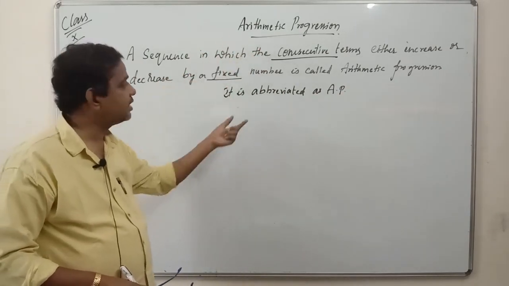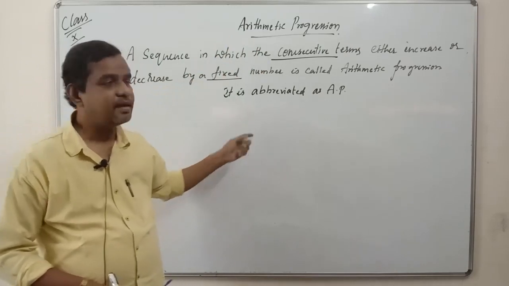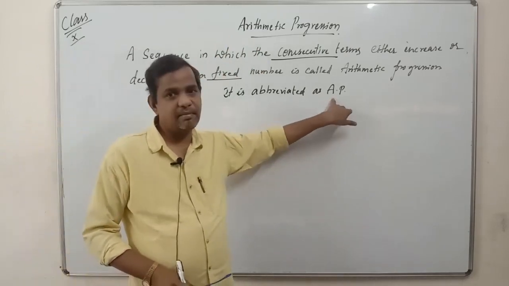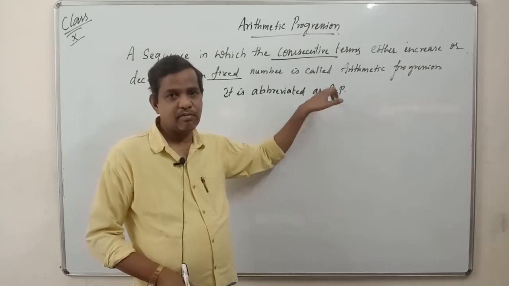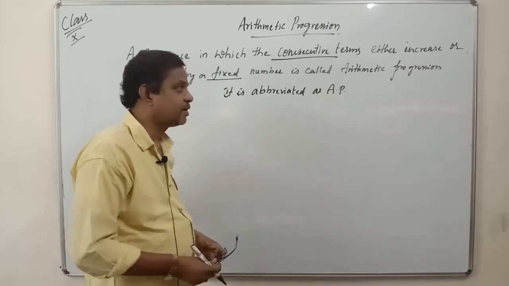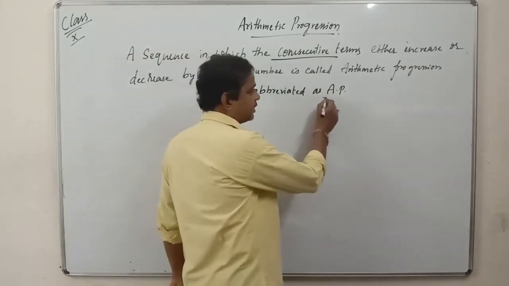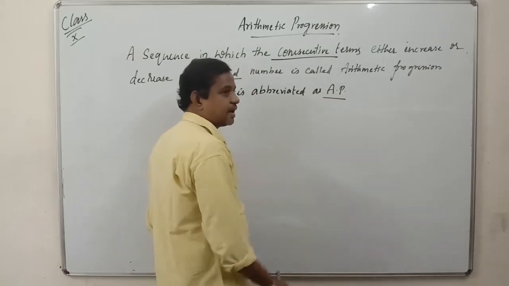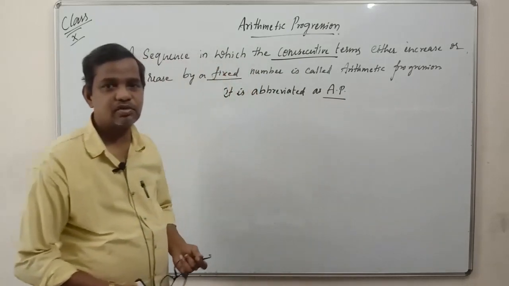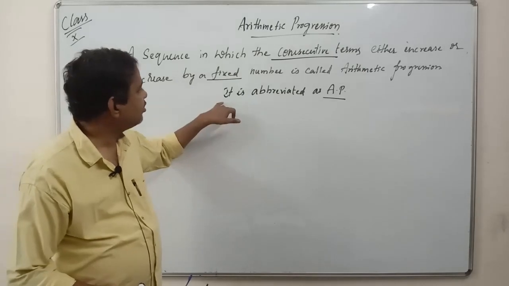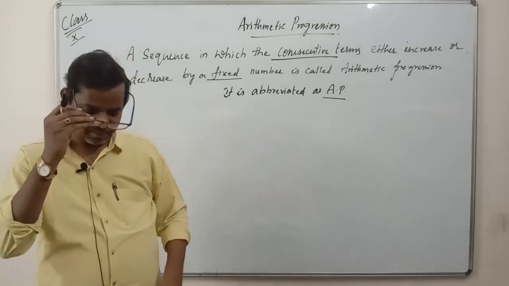Abbreviated means it is in the short form. In the short form we will write it as AP. AP indicates arithmetic progression. But one thing you remember, both should be in capital letters. You should not write in small letters. Both should be in capital letters. So it is abbreviated as AP.